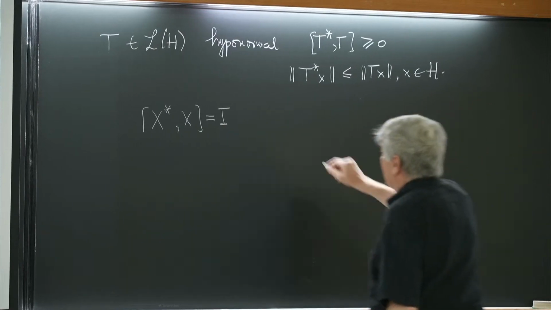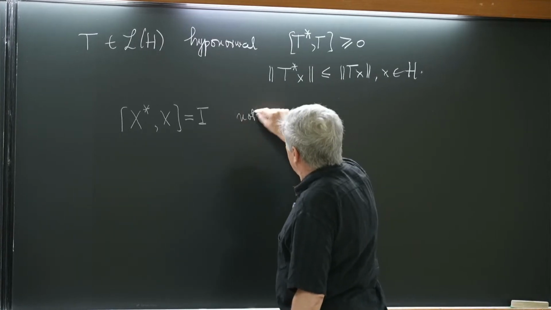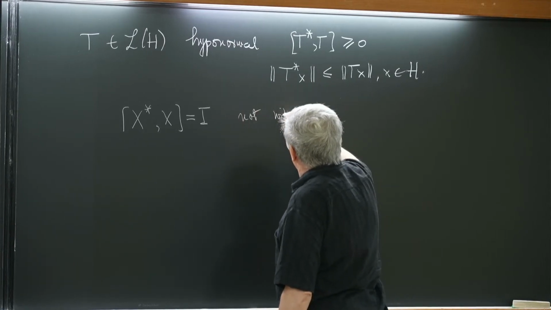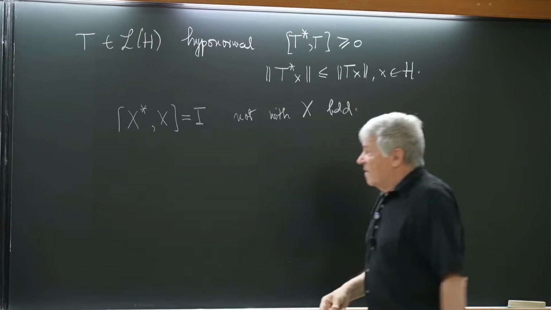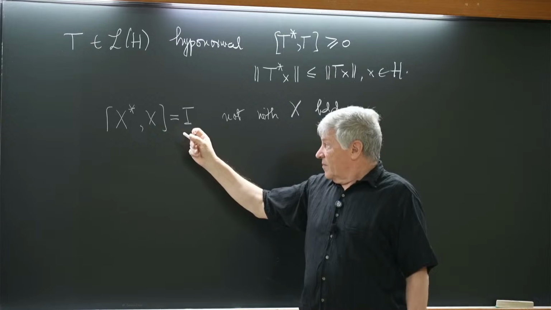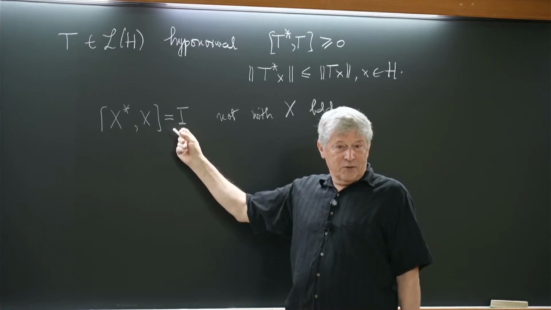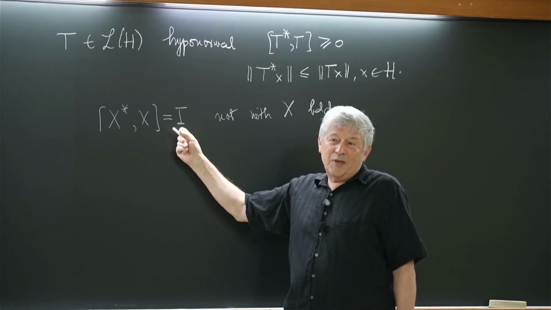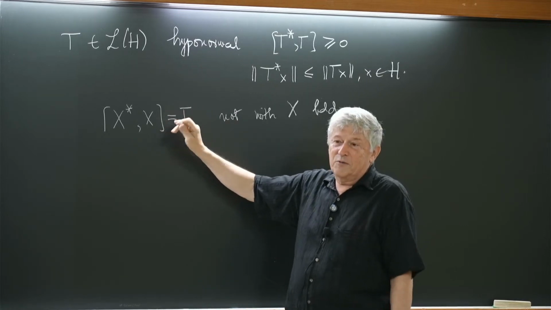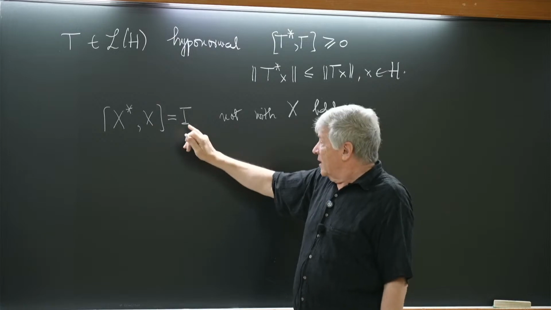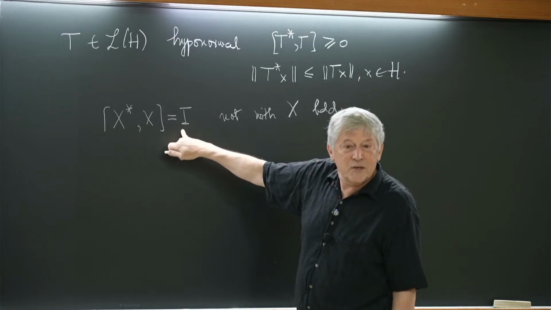So it is not achieved with X bounded. However, if you relax this condition a little and you don't ask for the full identity, but something smaller, very soon rank 1, or just a non-negative operator, then it is possible.